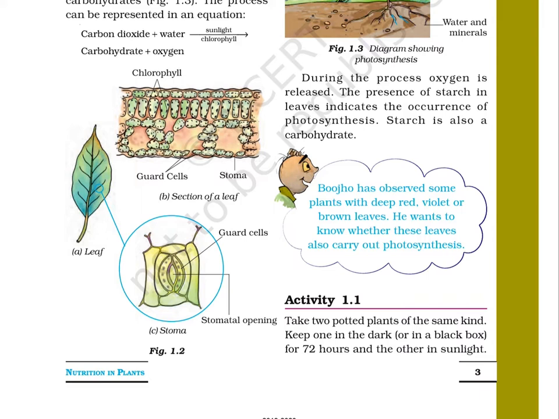C. This is a further magnified picture of the leaf. We can observe stoma clearly. The stoma has the stomatal opening at its center. The stomatal opening is surrounded by guard cells.